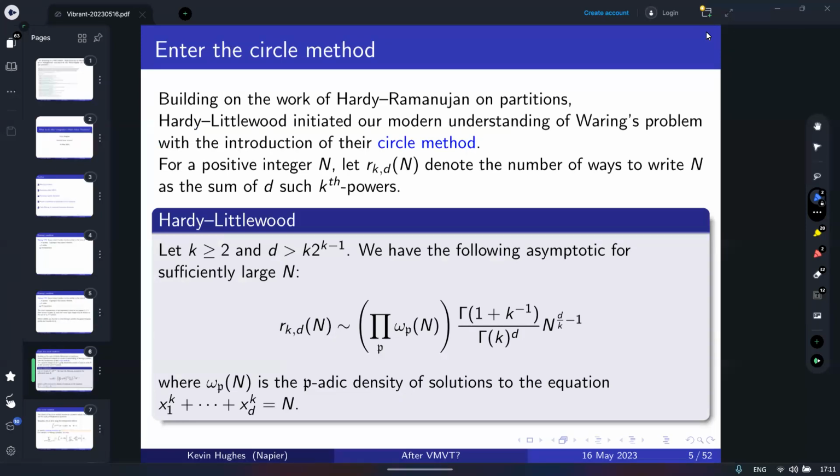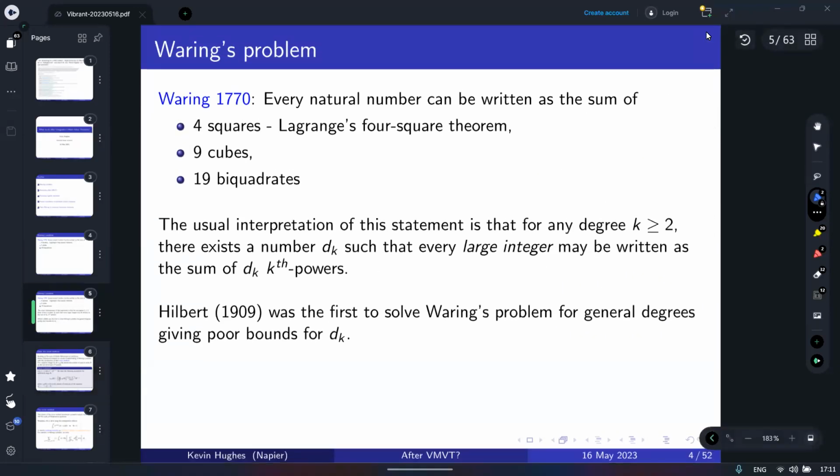And people kept working on it because, I should have said, the sums of 4 squares theorem was due to Lagrange in the same year, 1770. And by the time Jacobi came around, we knew the exact number of ways to write every number as a sum of 4 squares.